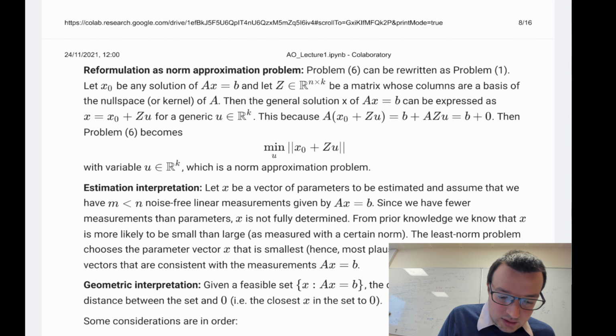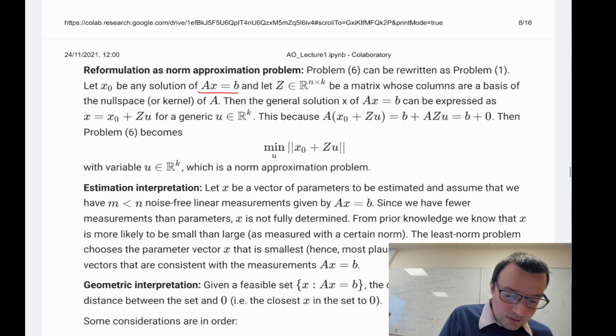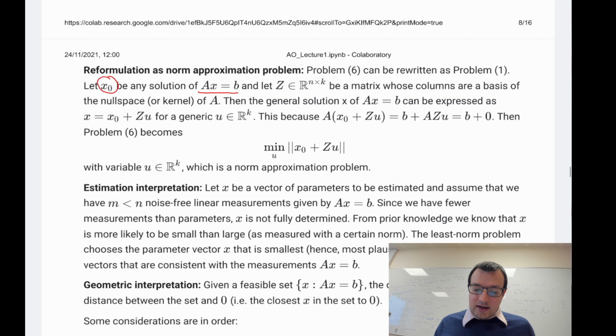We first compute any of the solutions of Ax equal to b. We know that there are infinitely many, so we just compute one and call it x0. Then we need to determine a matrix Z whose columns are a basis of the null space of A. Essentially we want to find the kernel of A. What is the kernel?